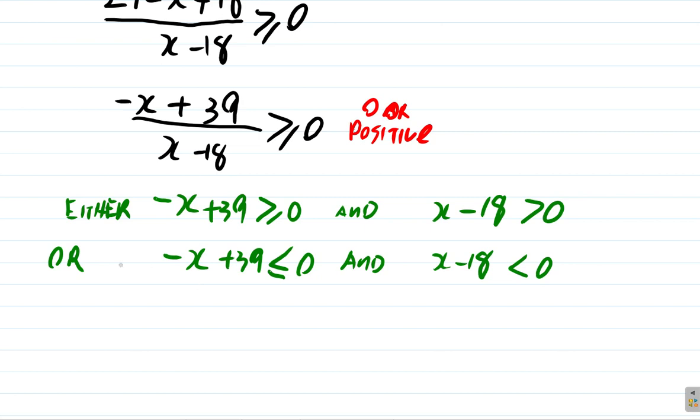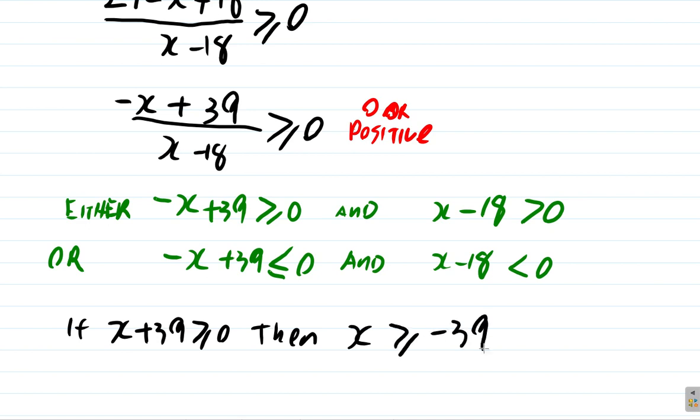Now, what this means is that you have a positive over a positive to give you a positive, or a negative over a negative to give you a positive. Now, let's consider the first case. If x plus 39 is greater than or equal to 0, then what you have is that x is greater than or equal to negative 39.